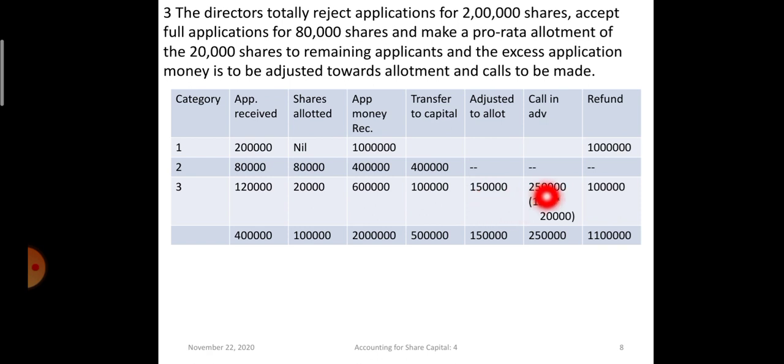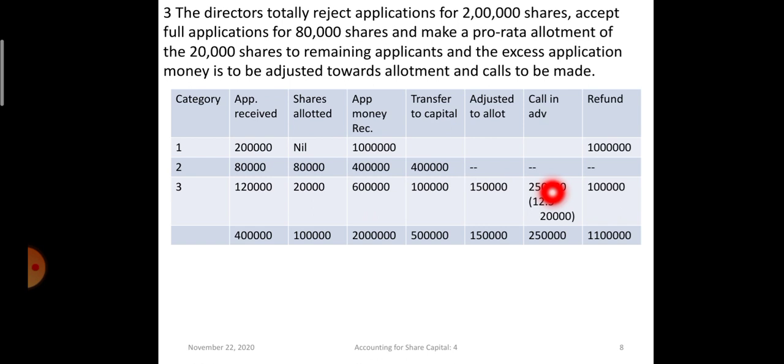Now calls. Here, see, there is a huge amount. There is a big difference between the applied and allotted shares, so the total application amount received is huge. If we check the total of first call and second call, that is 7 rupees 50 paisa and 5 rupees, it is 12.5. On 20,000 shares at the rate of rupees 12.5, it is 2,50,000. Out of 6 lakh rupees, 1 lakh is transferred to capital, 1,50,000 is transferred to allotment, still 3,50,000 is left. Out of that, 2,50,000 is transferred to calls in advance, that is first call and second call.